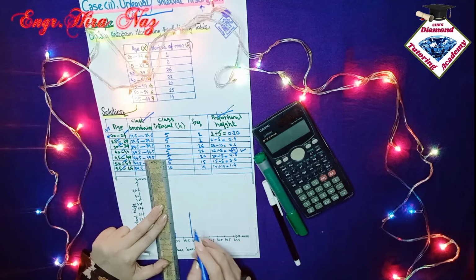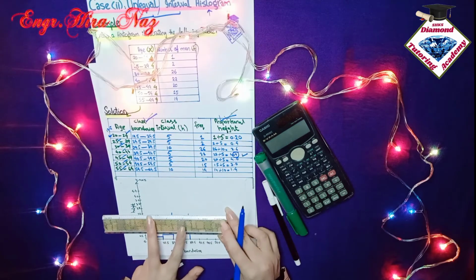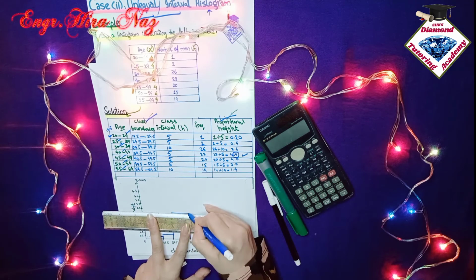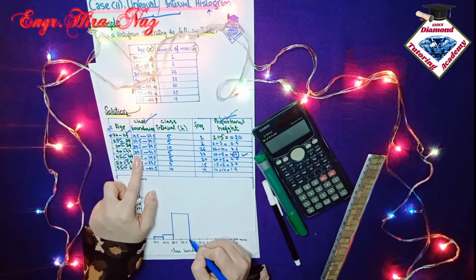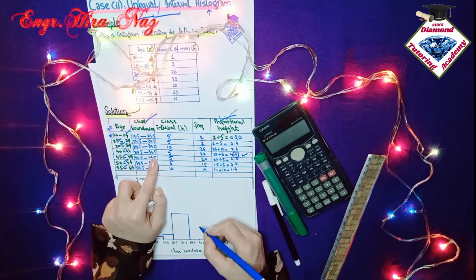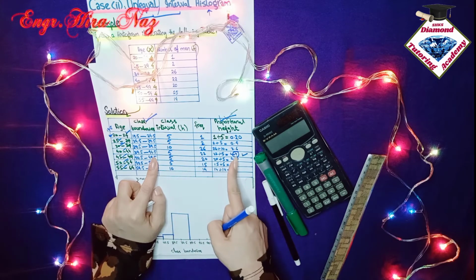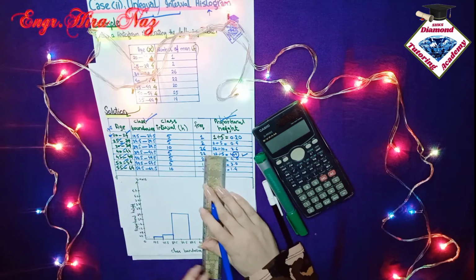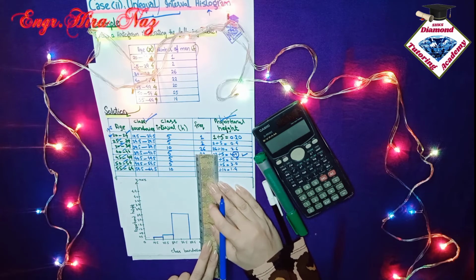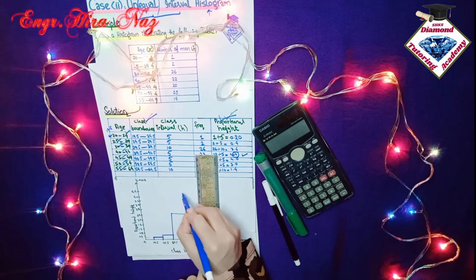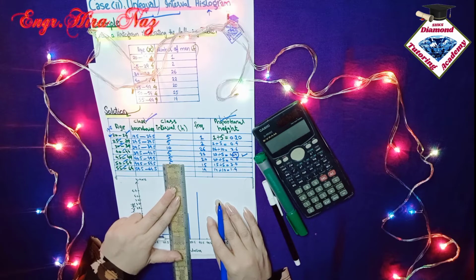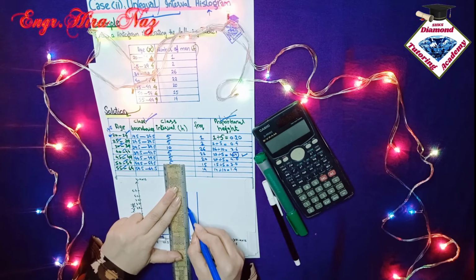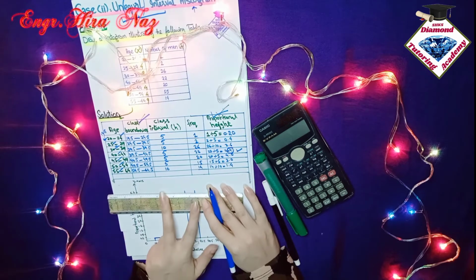The lower limit was this, 29.5. So we have to make a rectangle. Next is 39.5, the lower limit, and the upper limit is 44.5, and the height for that is 4.4. 4.4 is the maximum height in our case, which is somewhere here. So this is a rectangle for this height.